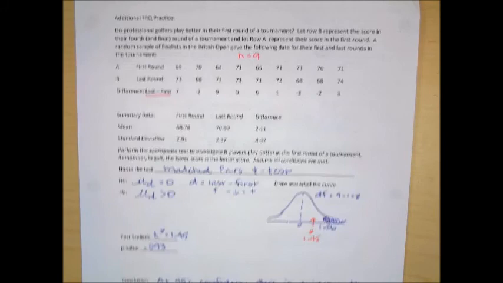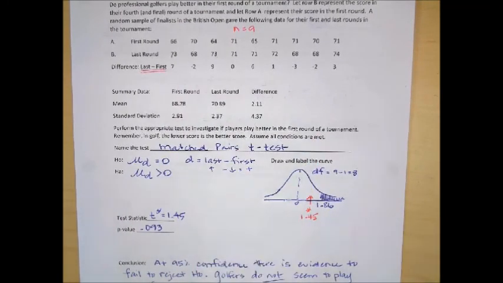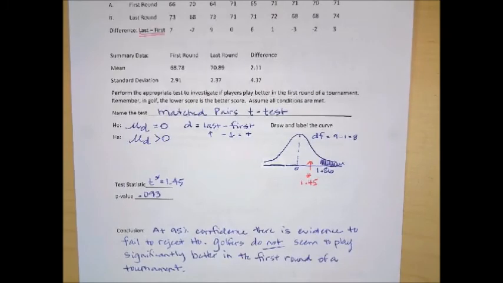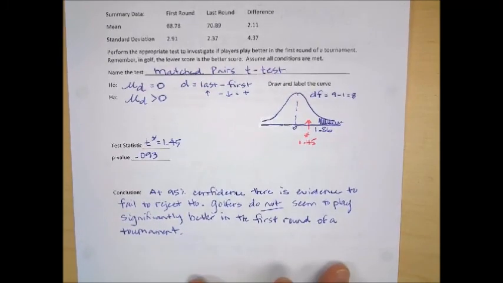So perform the appropriate test to investigate if players play better in the first round. Remember, in golf, the lower score is the better score. Assume all conditions are met. So the first thing being asked is, what analysis are you going to do?